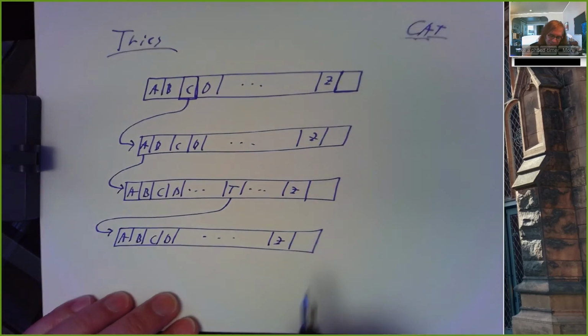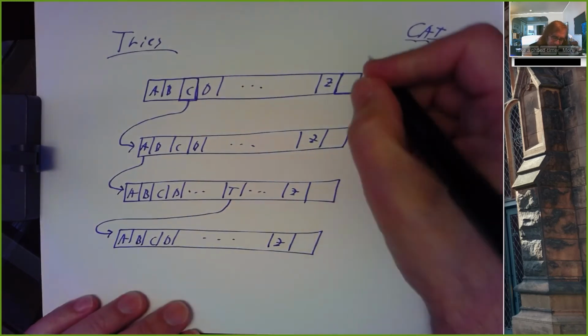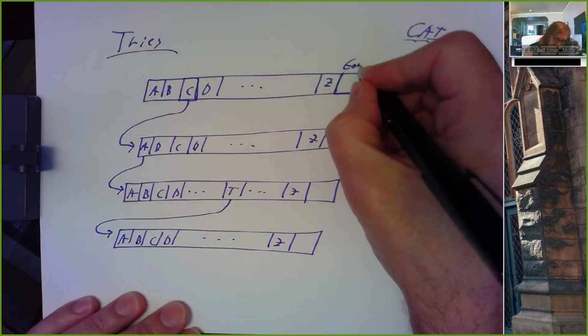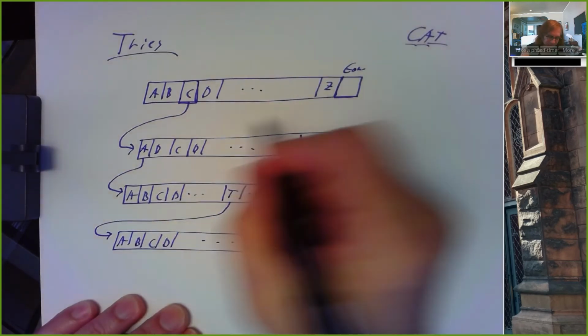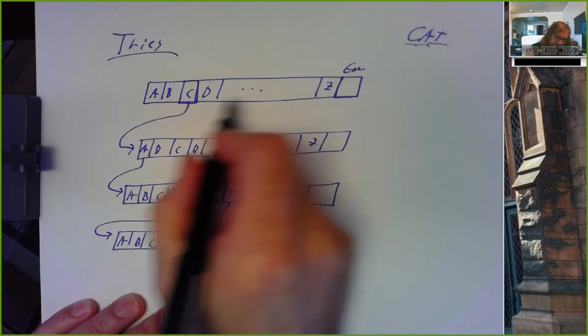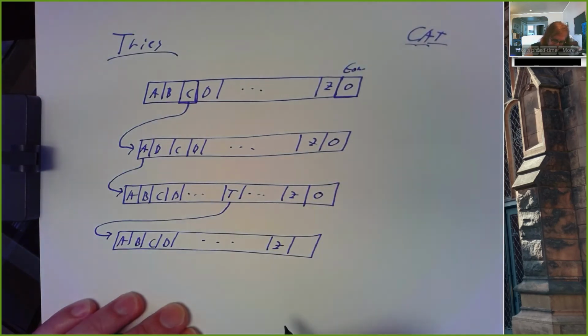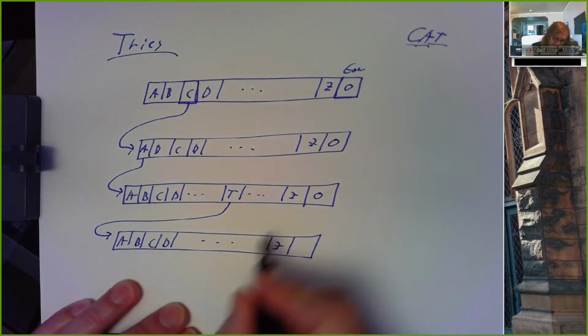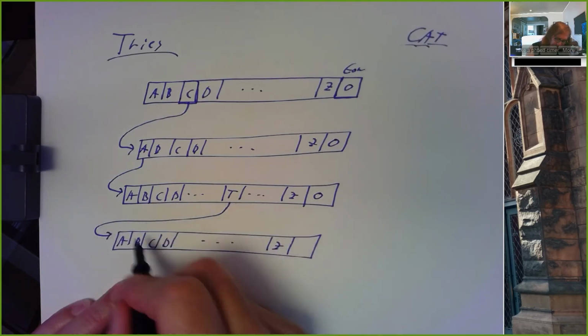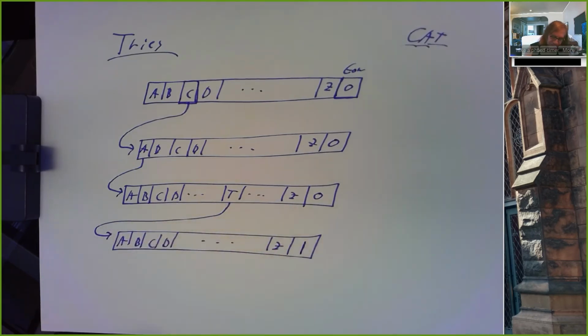And this last field is going to be our end of word field. And just as all of these pointers are going to start off null, end of word is going to start off at zeros. But when I reach the end of a word, when that T points down to another node, I'm going to set that field equal to a 1. So that's just a flag.